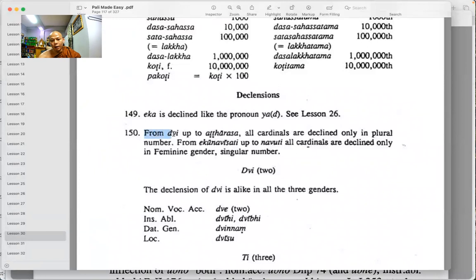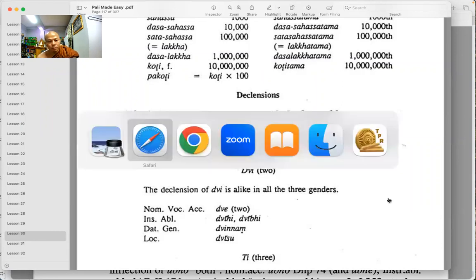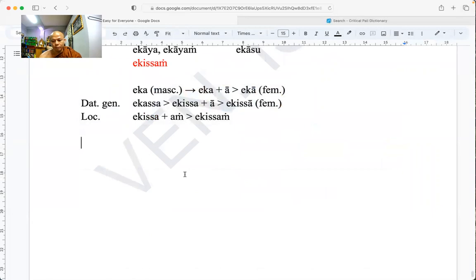So here you see, from dwi up to aṭṭhārasa, 2 to 18, all cardinals are declined only in the plural number. Dwi to aṭṭhārasa are only plural.